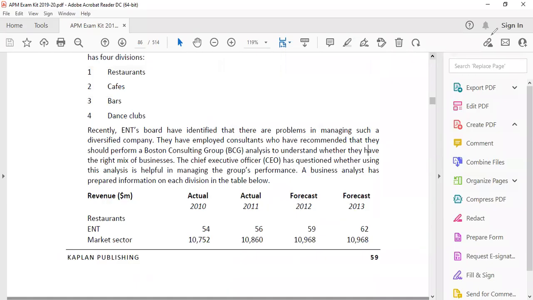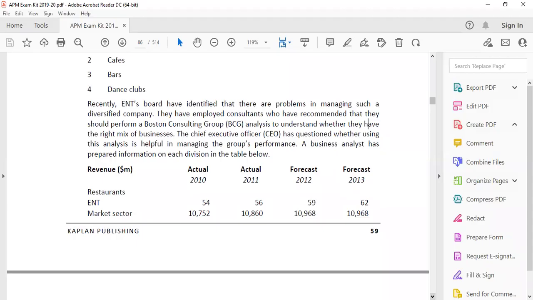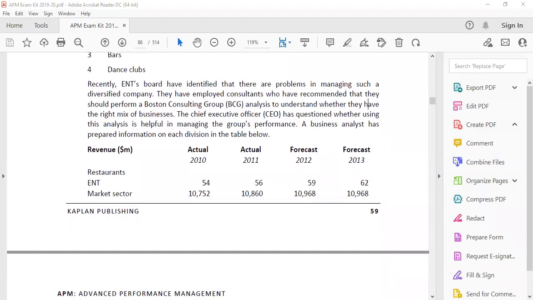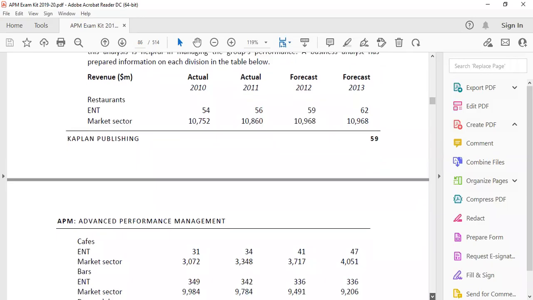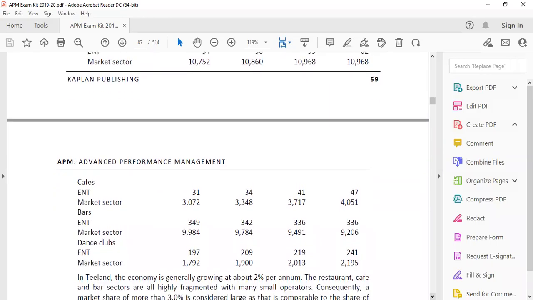There are 4 divisions of the company, E&T Entertainment: restaurants, cafes, bars, and dance clubs. So under the restaurant category, how much revenue did E&T earn? How much revenue did the entire restaurant market earn? Similarly, we have cafes, then bars, then dance clubs.